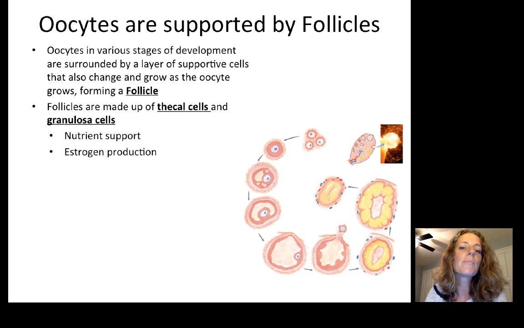The follicle supports the cells as they grow and mature. So it is a layer of supportive cells that also change and grow as the oocyte grows. Follicles are made up of cells called thecal cells and granulosa cells. They provide nutrient support and estrogen production to the developing oocyte. And here is a view of what the follicles look like.